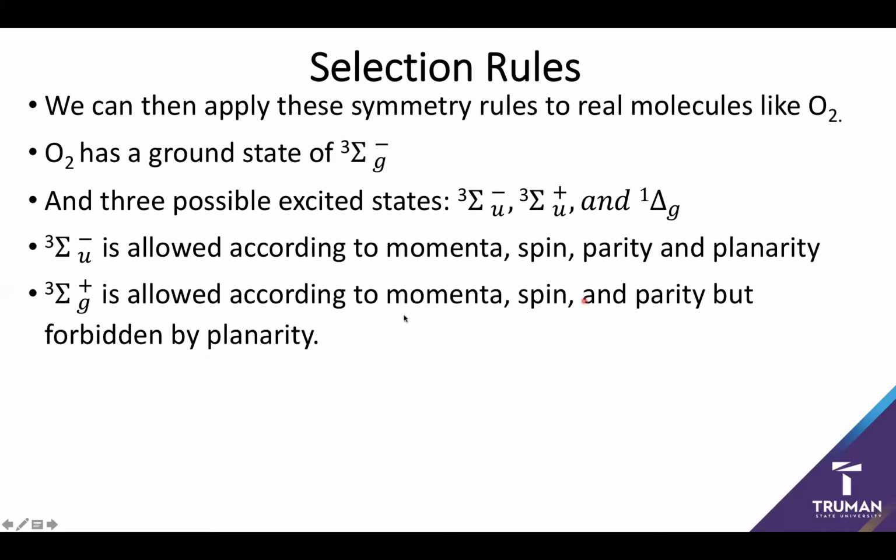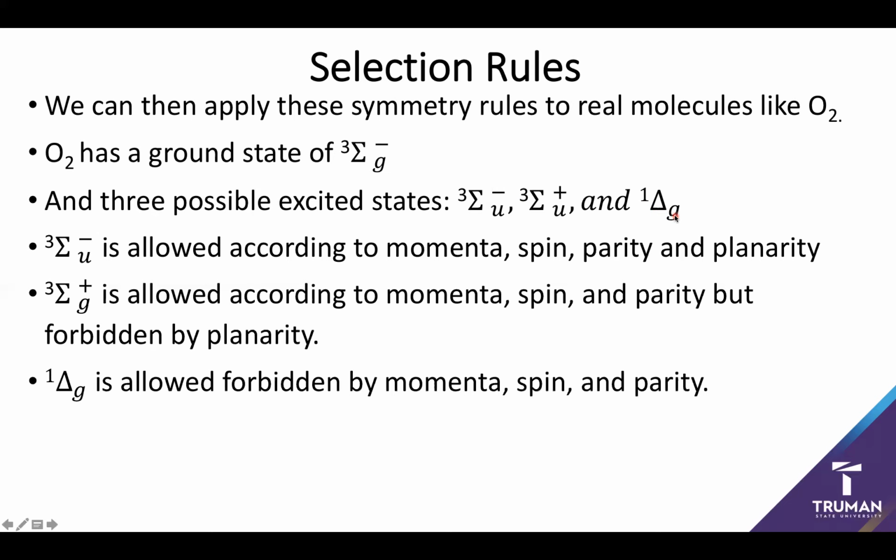Most everything says it's okay. Planarity says no. More or less, it's going to be forbidden. Now, the last one is going to be forbidden by symmetry, orbital angular momentum, and parity. And planarity doesn't actually have anything to say because, well, it isn't sigma, so we don't have to worry.